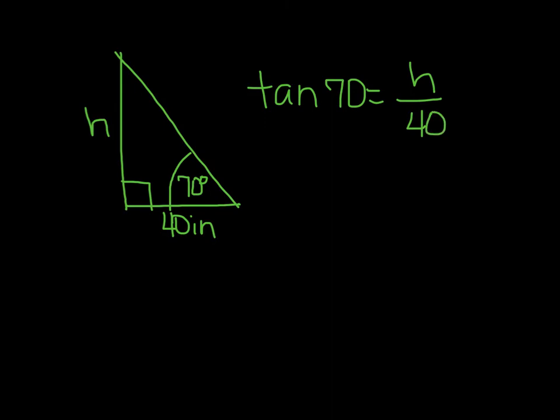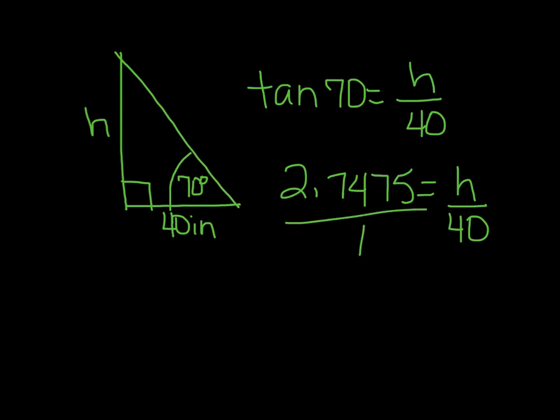Again, you're going to use your calculator, and you're going to do the tangent of 70 degrees, and you're going to get 2.7475. Remember, again, 4 decimal places. So 2.7475 equals h over 40.